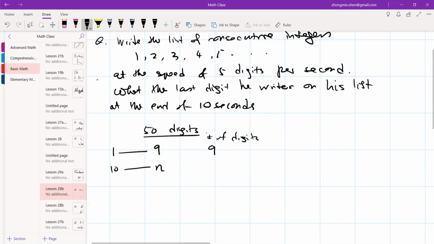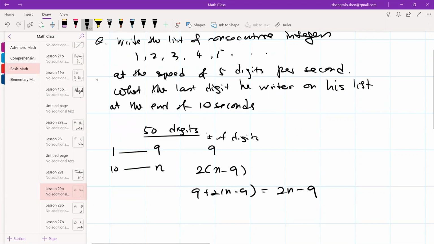But for 2-digit integers, every time you write 2 digits. This is going to be n minus 9 of these 2-digit integers. You have to multiply by 2, okay? So the sum is, suppose you write down the complete integers, then this is the number of digits you're going to use. So the sum will be 9 plus 2 times n minus 9.